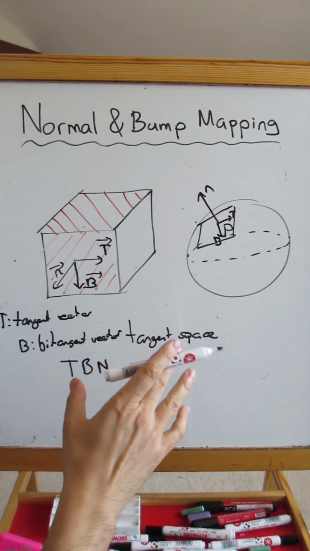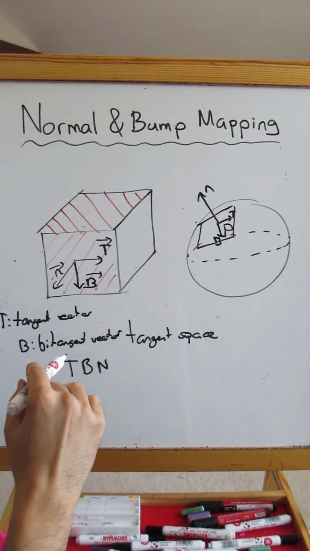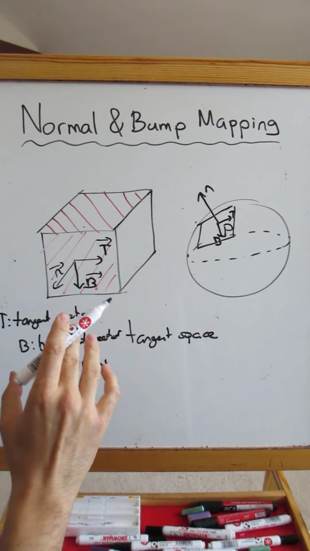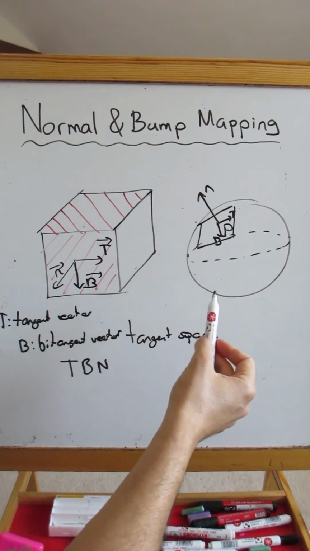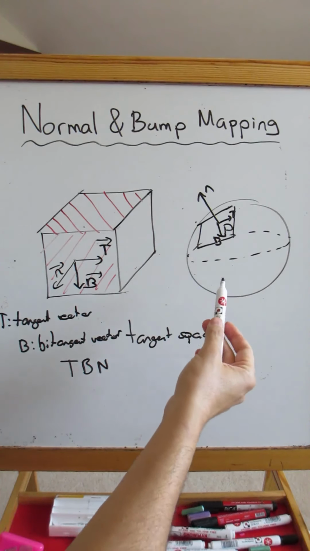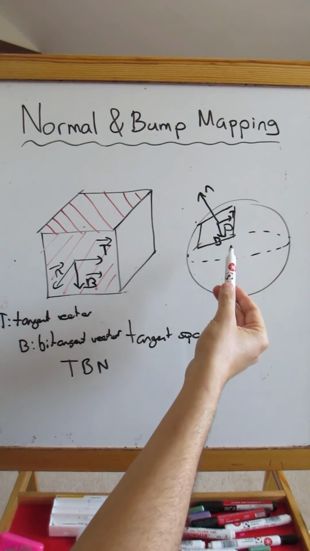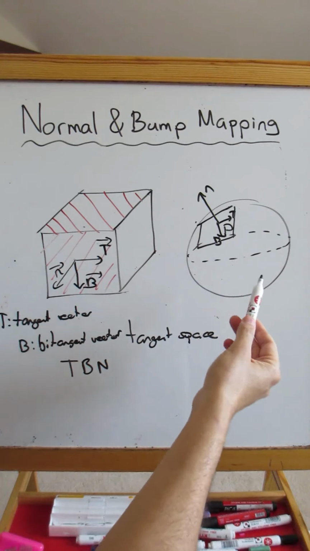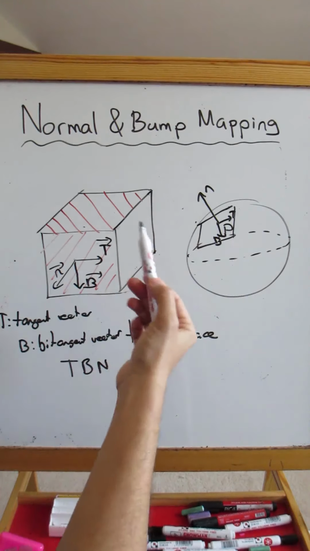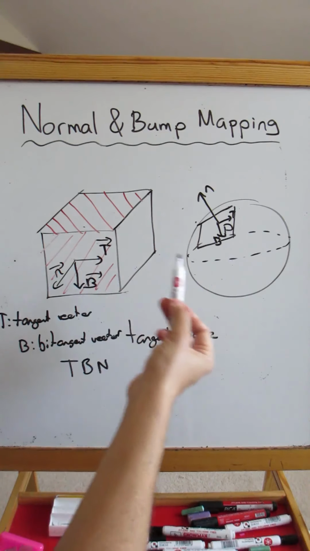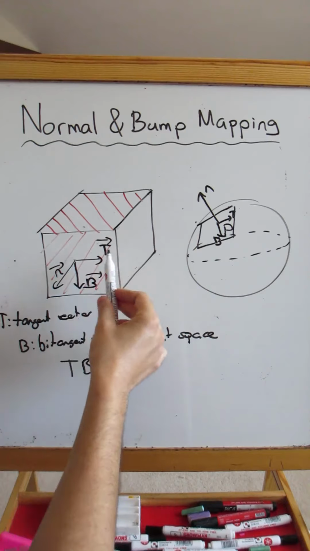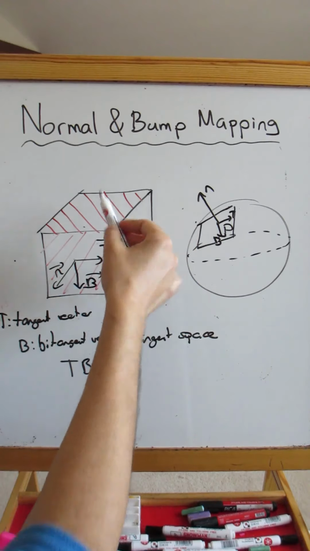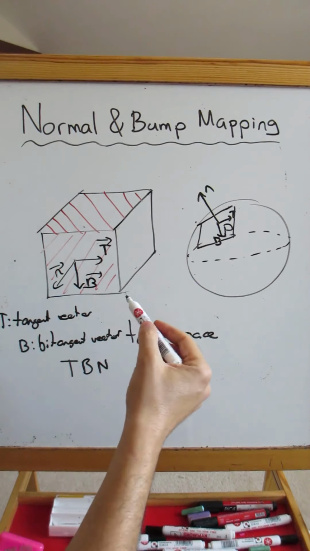So the tangent plane is defined, and as you can see, for the sphere, the tangent plane is going to be different for every point. But for a planar object like a cube, the tangent plane can be the same as long as we are on the same polygon. When you come to here, the tangent plane is going to change.